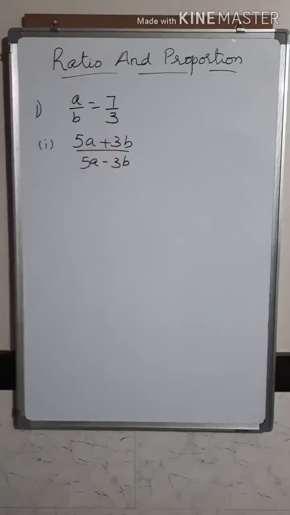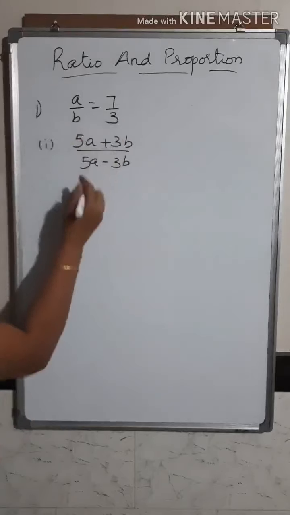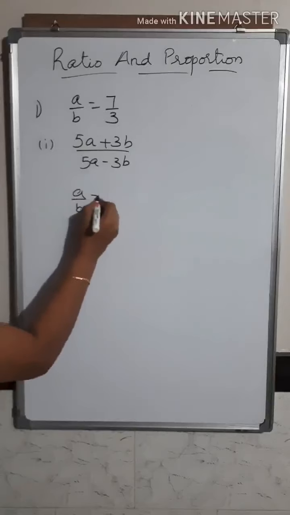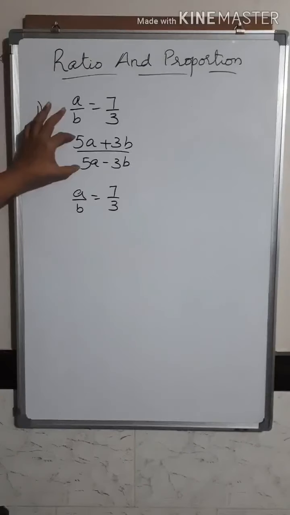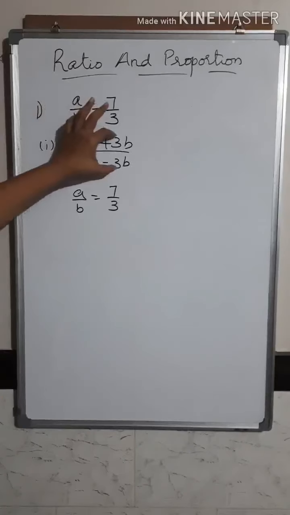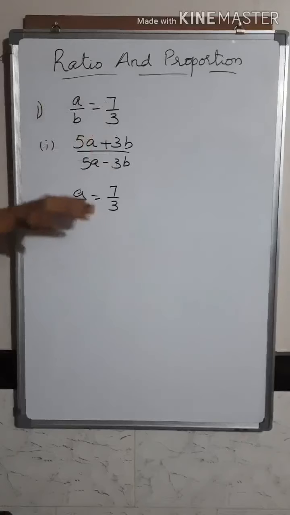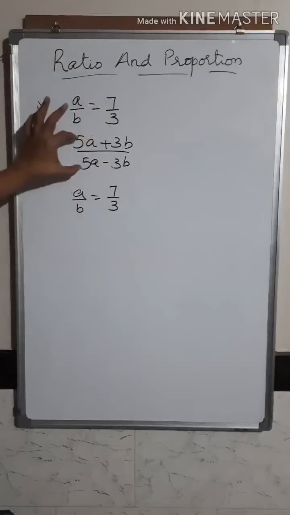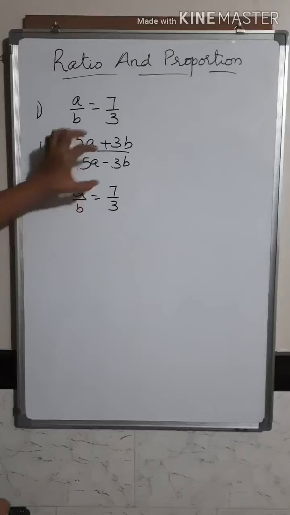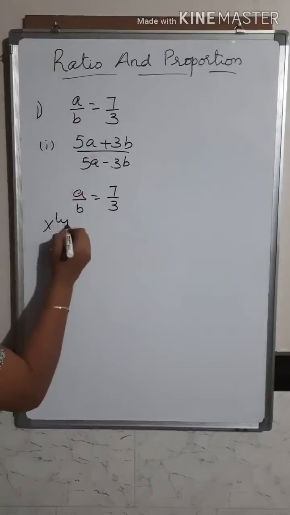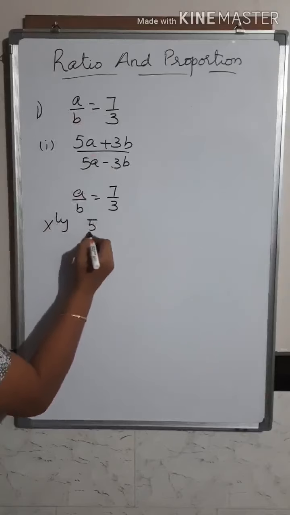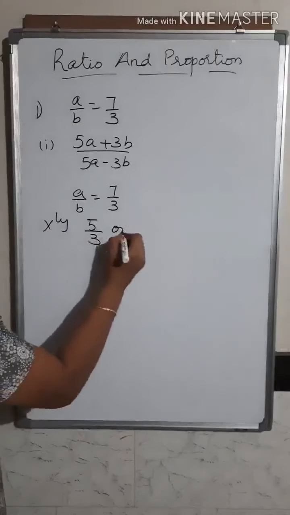To find the value of this, first consider the given ratio: A upon B is equal to 7 upon 3. Now the coefficient of A is 5 and the coefficient of B is 3. So you have to multiply A by 5 and B by 3, that is, multiply 5 upon 3 on both sides.